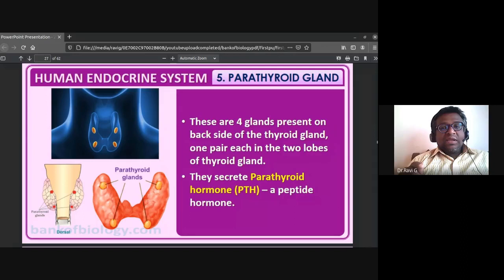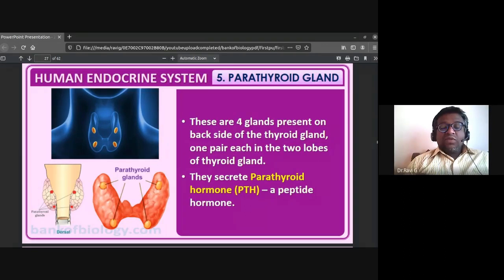hormone or vasopressin. See, diabetes mellitus is due to deficiency of insulin hormone. As a result, the urine is concentrated, so the glucose is lost even through the urine. That is the reason that wherever there is a diabetes checkup, they take the blood sample before fasting and after fasting.